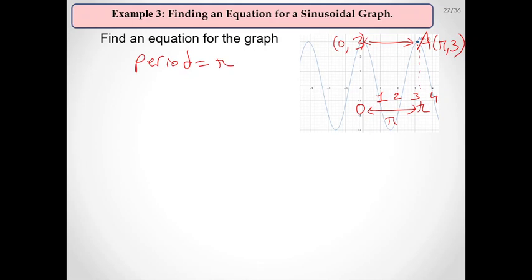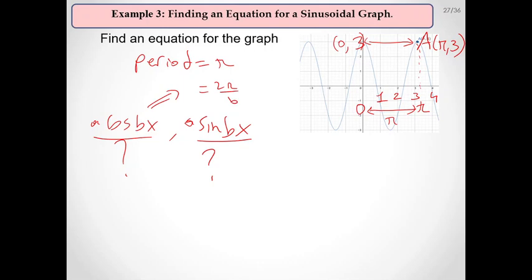Now, whether it's cosine bx or sine bx, we don't know yet, but we are sure the period should be equal to 2 pi over b. So you set them equal, pi equal to 2 pi over b, and then you find b is equal to 2.